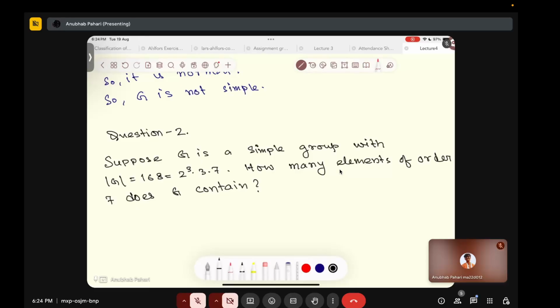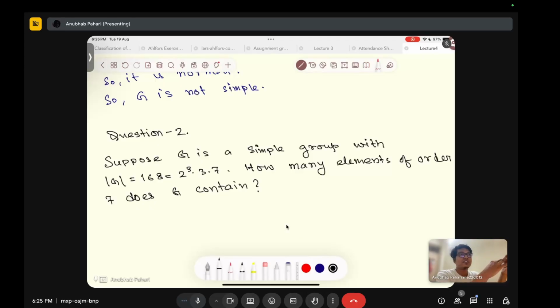Sir, 48. Yeah, it should be 48. As it is already given that G is simple, the case of a unique Sylow 7 subgroup is denied.